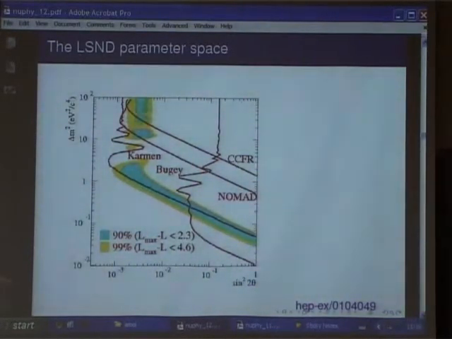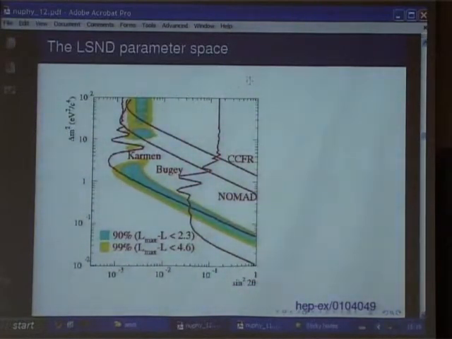Then there was this CDHS experiment, which had ruled out this region. And then there was the KARMEN experiment, which happened slightly after LSND, which ruled out anything to the right of this line.